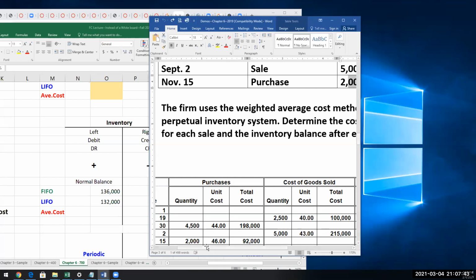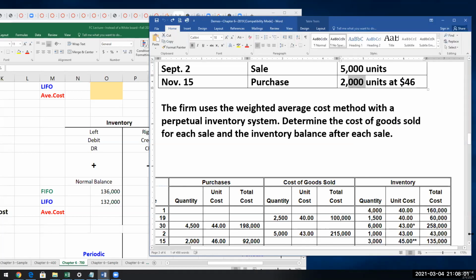There is my 2,000 times 46 is 92,000. We had 43,000 left over. So if you can add 43,000 plus 92, I'm getting something along the line of 135.